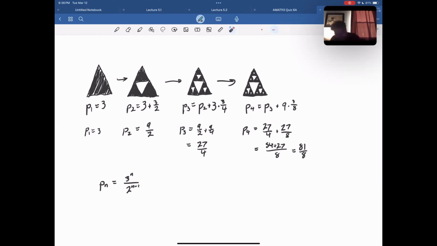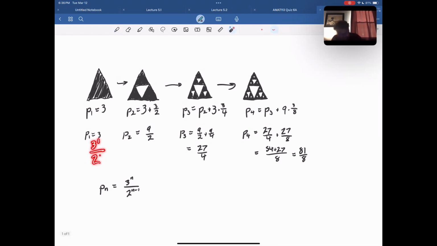So this one is 3 to the 1 over 2 to the 0, this is 3 to the 2 over 2 to the 1. And then we have 3 to the 3 over 2 to the 2, and then 3 to the 4 over 2 to the 3, right? And so in general, the perimeter of the Sierpinski triangle is going to be 3 to the n over 2 to the n minus 1.